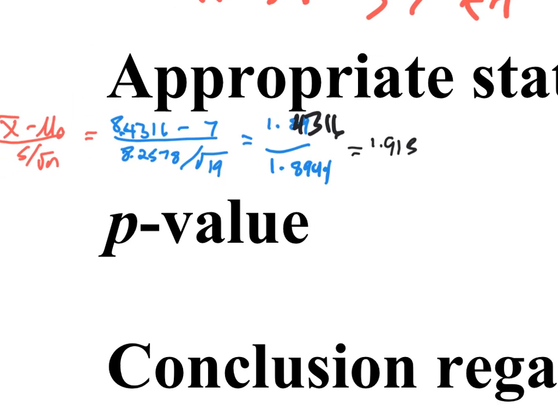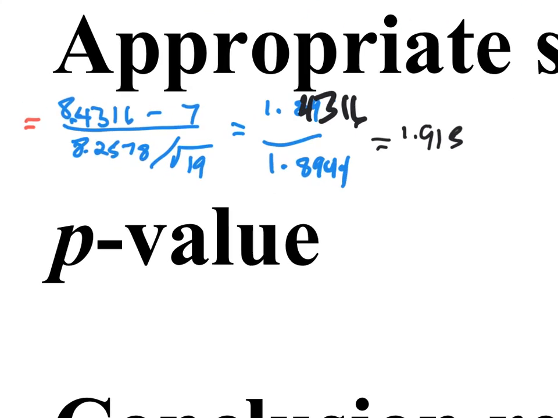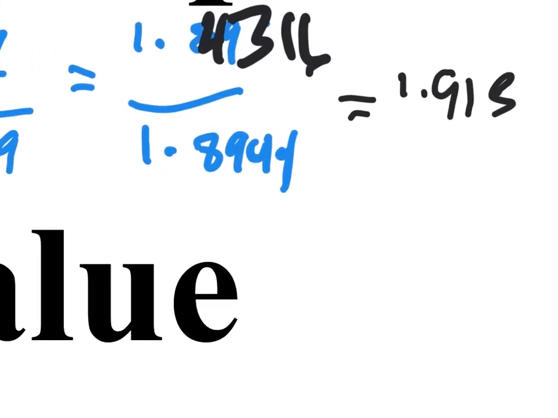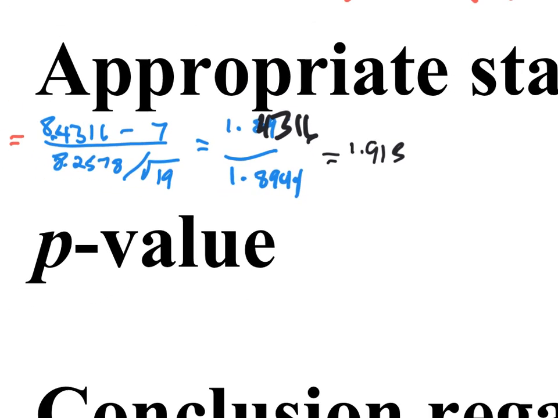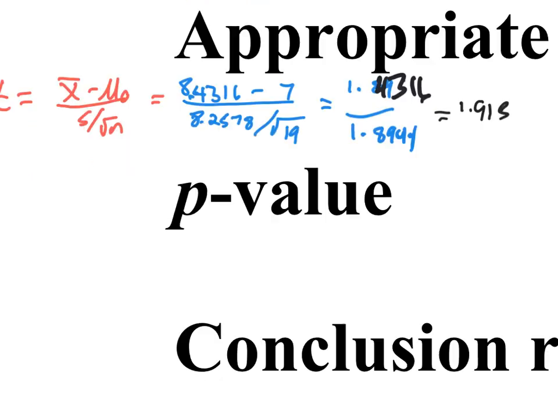Now, how do we use this to get a p-value? I'm going to pause it again and go to the calculator. The p-value is less than 0.05, but greater than 0.025.